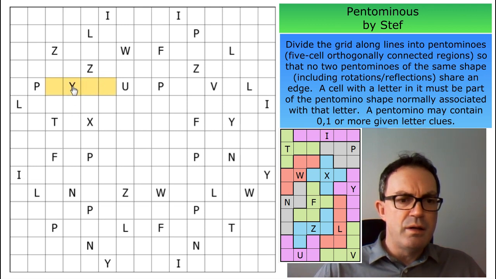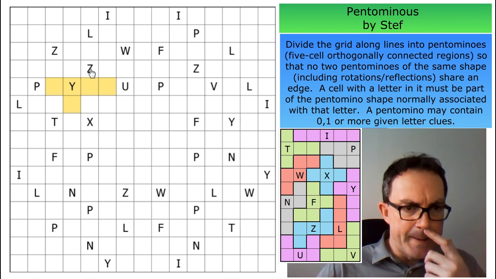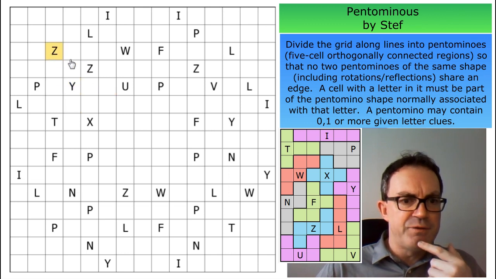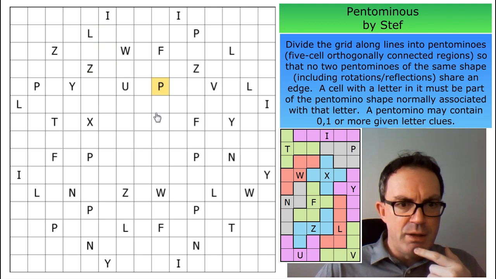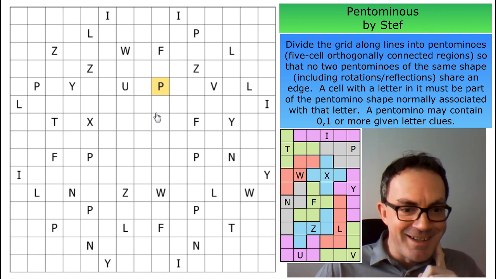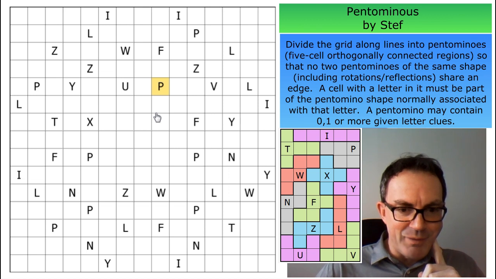I mean, Y could do that, for example, and that leaves all sorts of options for this Z. It doesn't have to connect to its friend there. It could just go the other way. It could go that way. Right, one second. Sorry, I realise I'm not making progress with alacrity here.